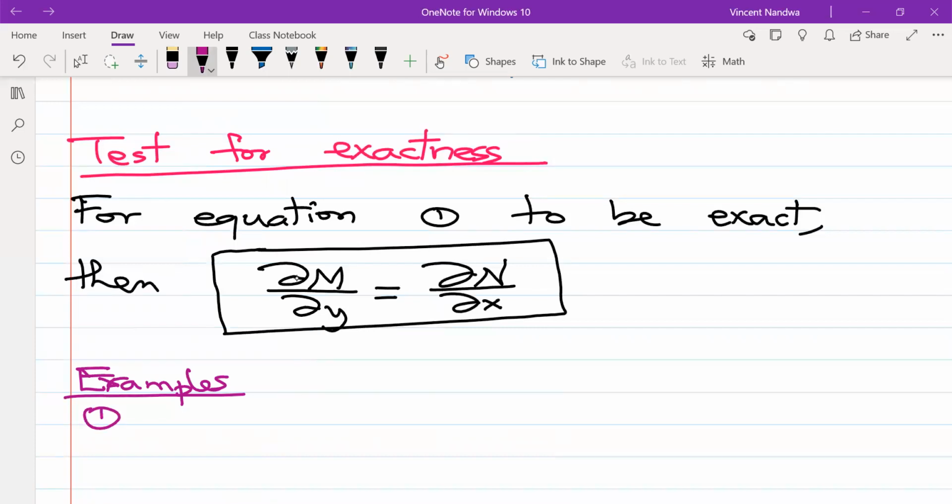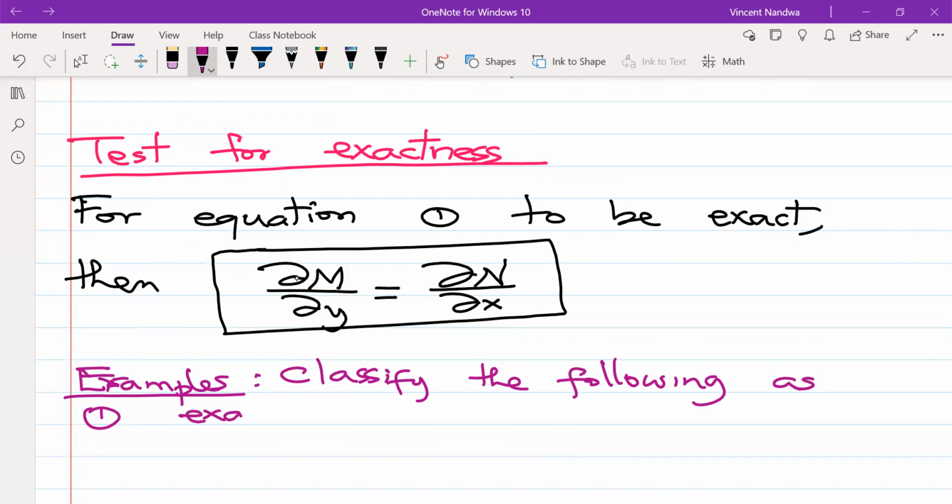One, so this will be classified, the following, as exact or non-exact equations.